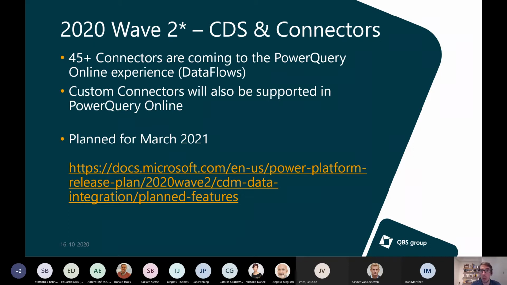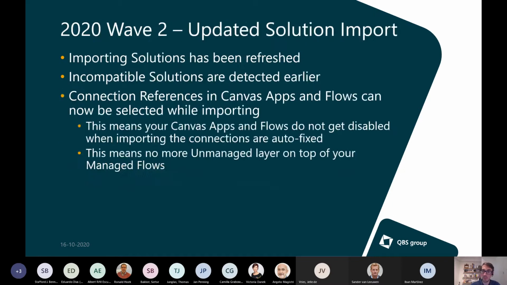But if you're using Power Query in your data flows or in Power BI, for example, your query set was always relatively limited. At least 45 of those global connectors are now also coming to the Power Query experience in March. Hopefully, that will allow us to ingest more data from even more systems in Power BI and in the Common Data Service where we need that.